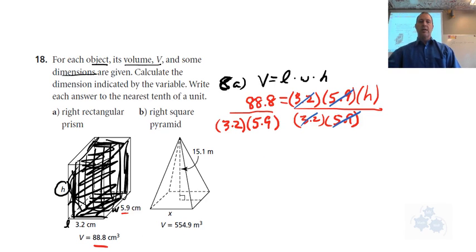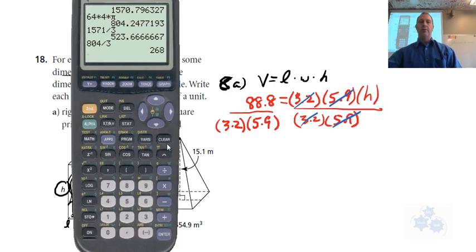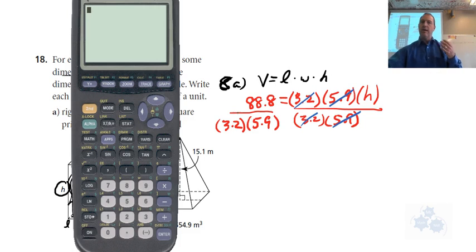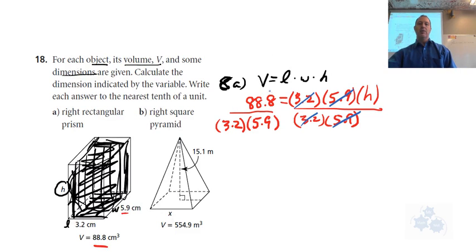Now when you're doing this on your calculator, you have to be careful, because if you don't use brackets, you might run into problems. If you just type this in as 88.8 divided by 3.2 times 5.9, it'll do this first, and then it'll multiply this by 5.9, which is not the right answer. So you have to be careful. Your calculator may or may not know what you mean.